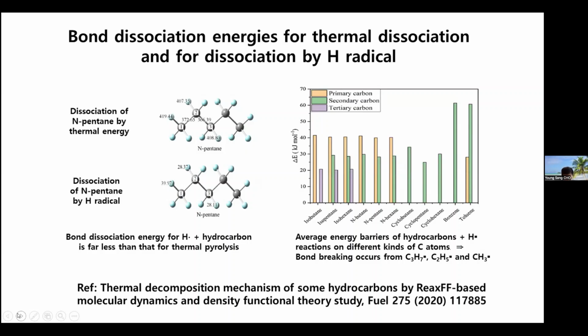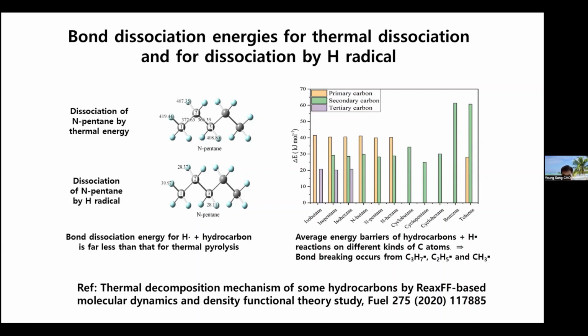In order to explain the experimental results obtained from the reaction between water and soybean oil, I would like to briefly introduce a paper entitled Thermal Decomposition Mechanism of Some Hydrocarbons. According to this paper, bond dissociation energy for the reaction between hydrogen radical and organic carbon is far less than that for pure thermal pyrolysis.